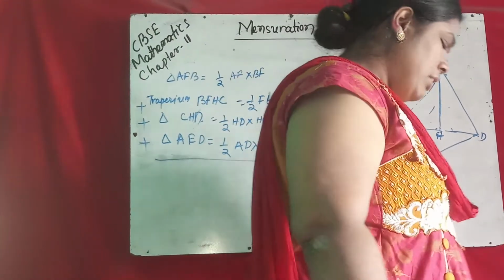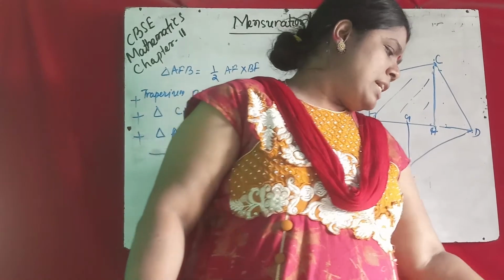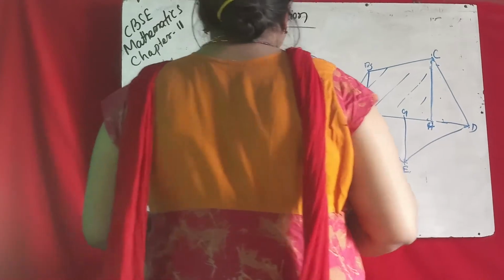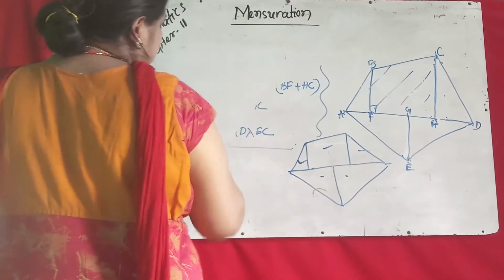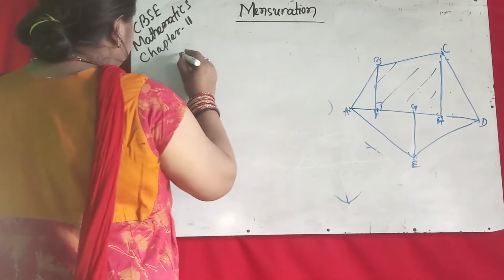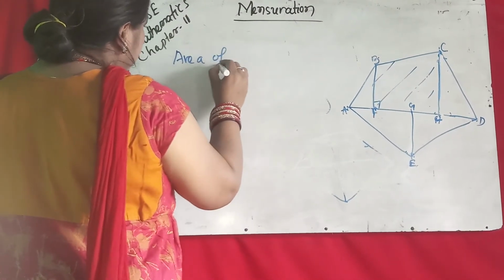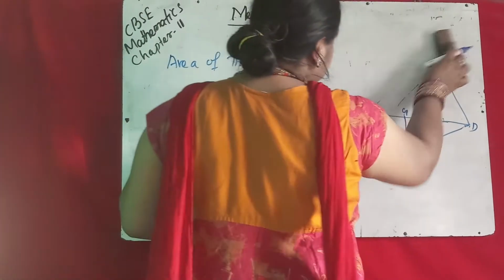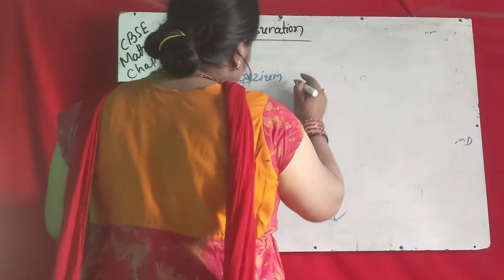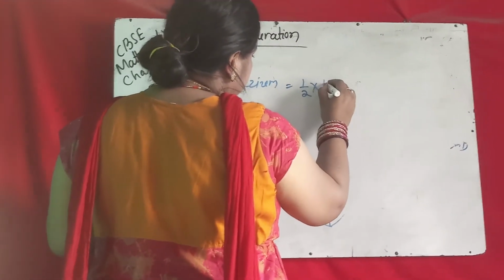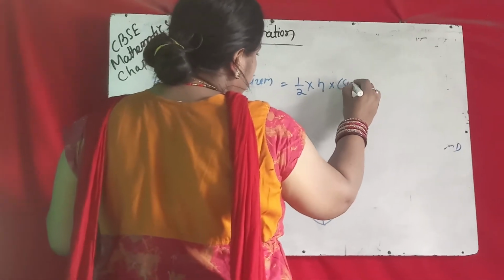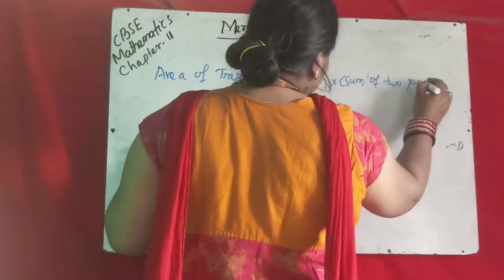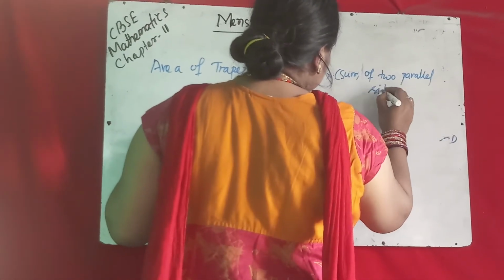So today we learned three area formulas. One is the trapezium, whose formula I will remind you again. The area of a trapezium is half into height into the sum of two parallel sides.